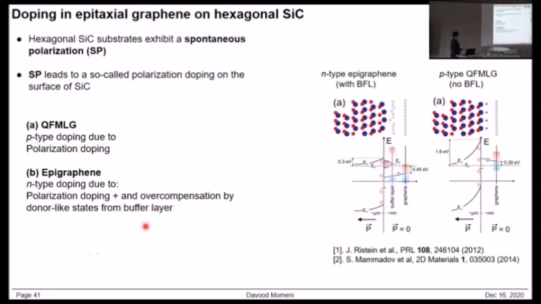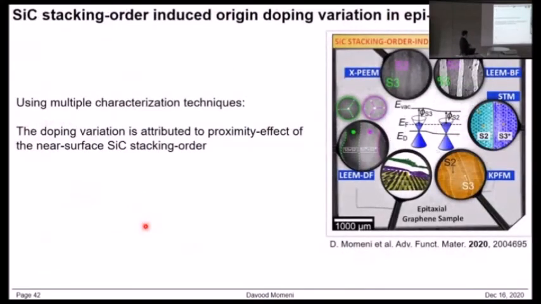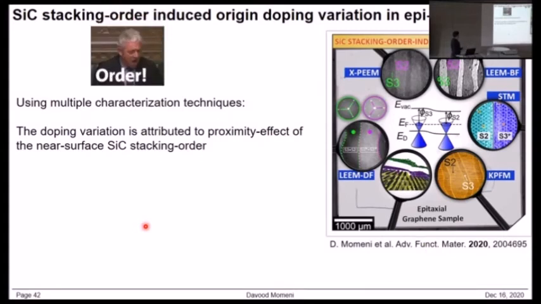This model, however, considers a homogeneous doping on all terminations. But from the results that I showed you with different characterization techniques, we can see that the doping is not similar or homogeneous on all terminations. So we can clearly see that the stacking order is the main reason for the different doping of epitaxial graphene on silicon carbide.